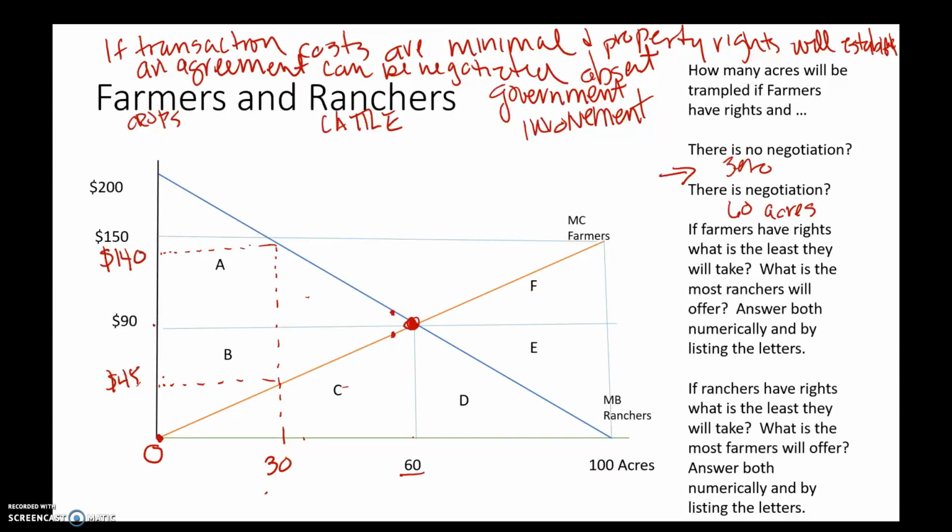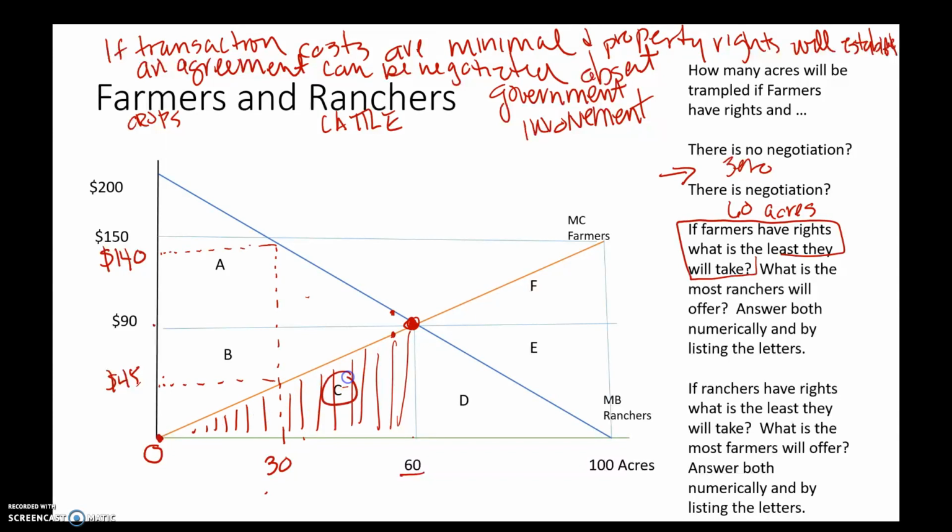So the question is, to be paid off for 60 acres of being trampled, what's the least the farmers will take? And the least they'll take is anything that will cover their costs, maybe a little bit more. And here's their costs.